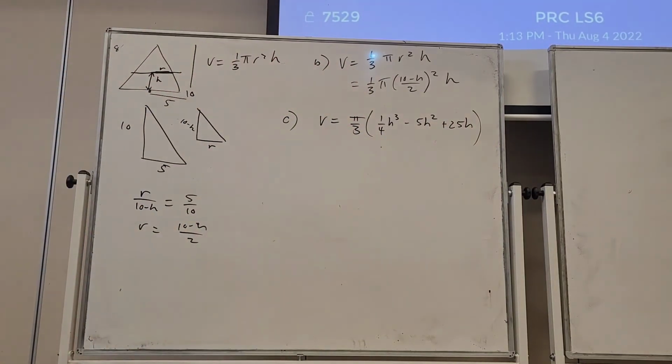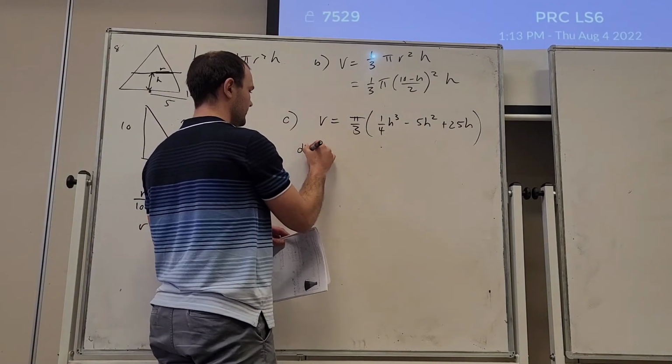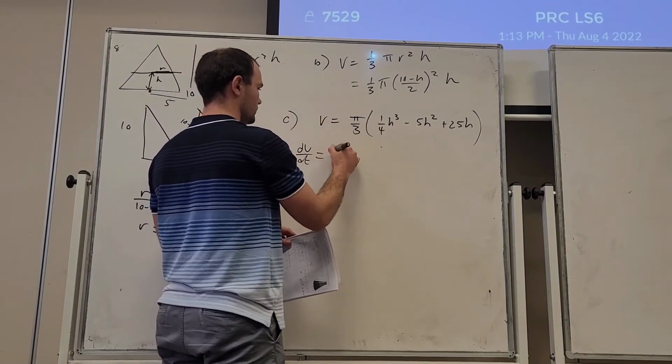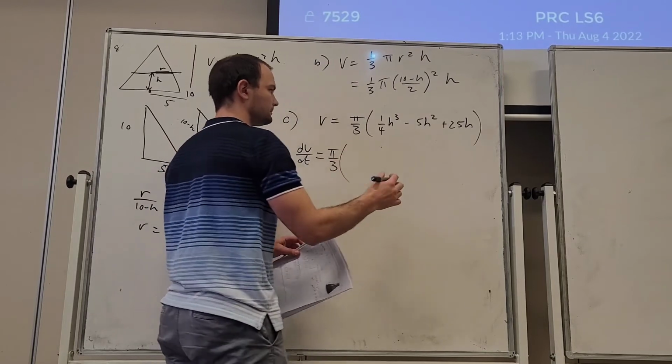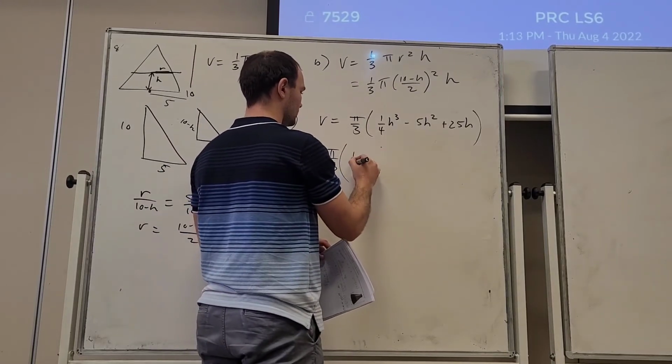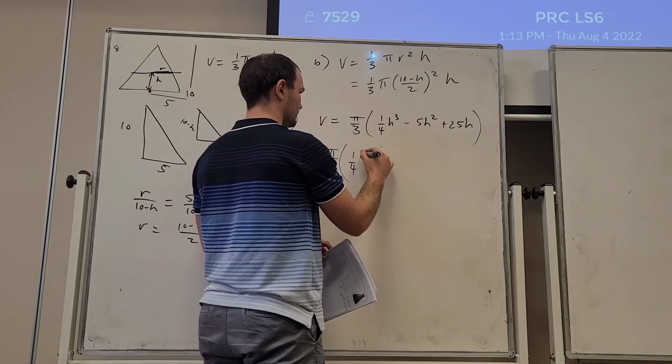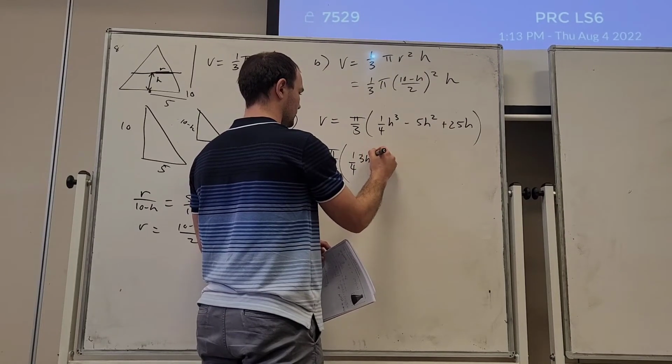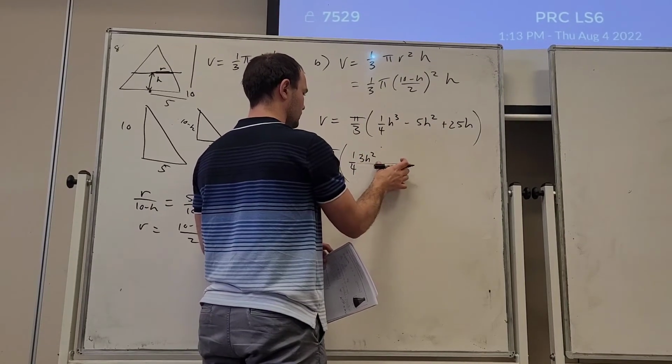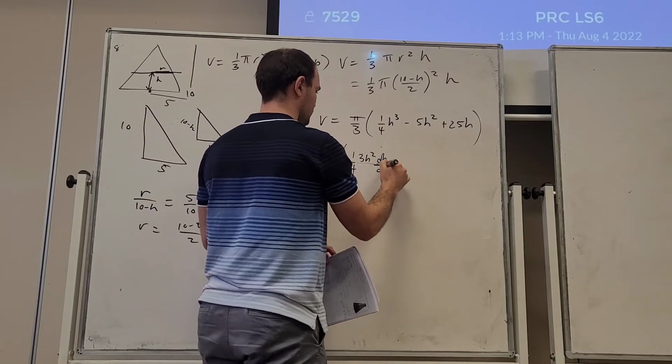So if you keep processing it, that's what we end up at. So that's V. So we're going to differentiate both sides of this equation with regards to t. So we're going to get dV on dt is equal to pi on 3 multiplied by 3h squared dH on dt.